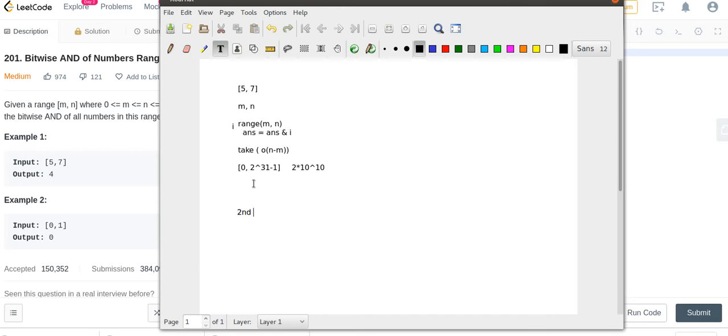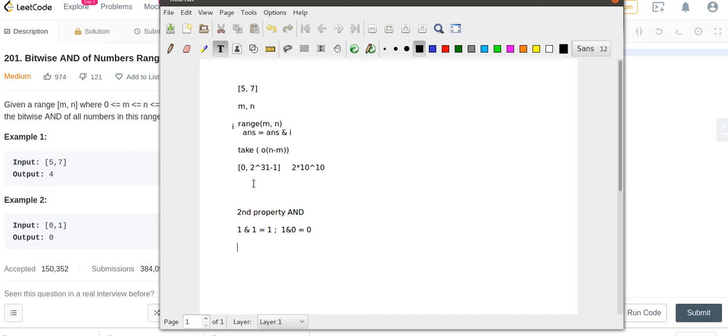The second approach is to consider the properties of the bitwise AND. We know that 1 AND 1 equals 1, and 1 AND 0 equals 0.